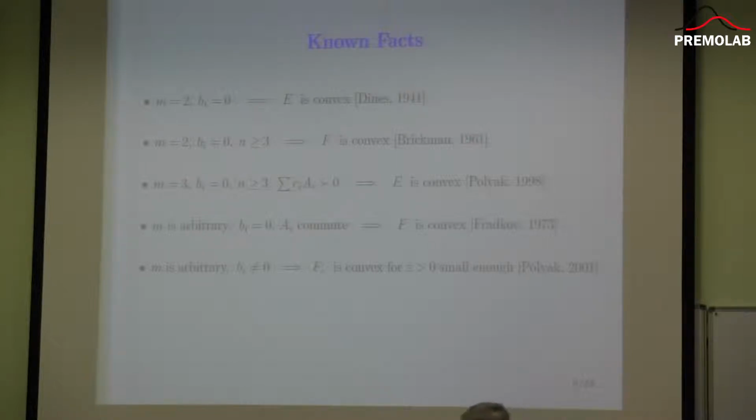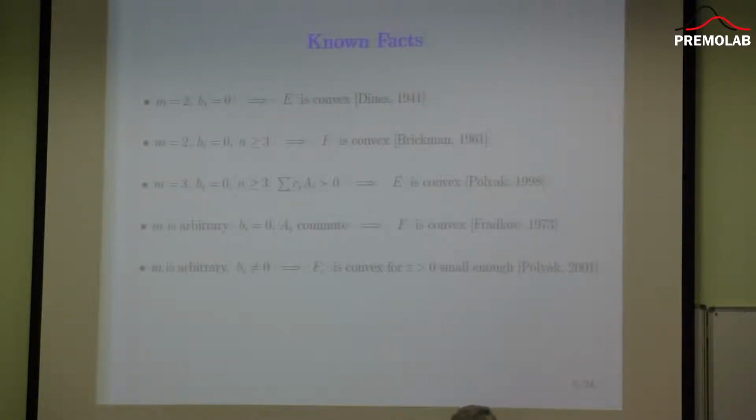So what is known about this stuff? Well, most results relate to low-dimensional cases. For instance, when the image is a two-dimensional space, then the image of the entire space or the image of a ball is convex. These are non-trivial results, the famous Dines and Brickman theorems.